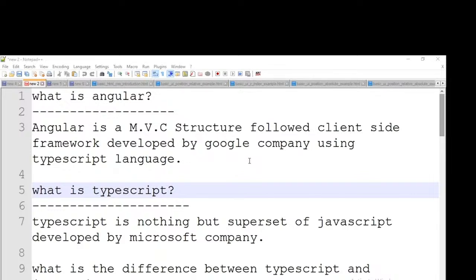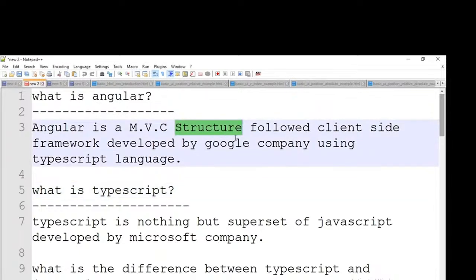I will explain the MVC structure a little bit later.